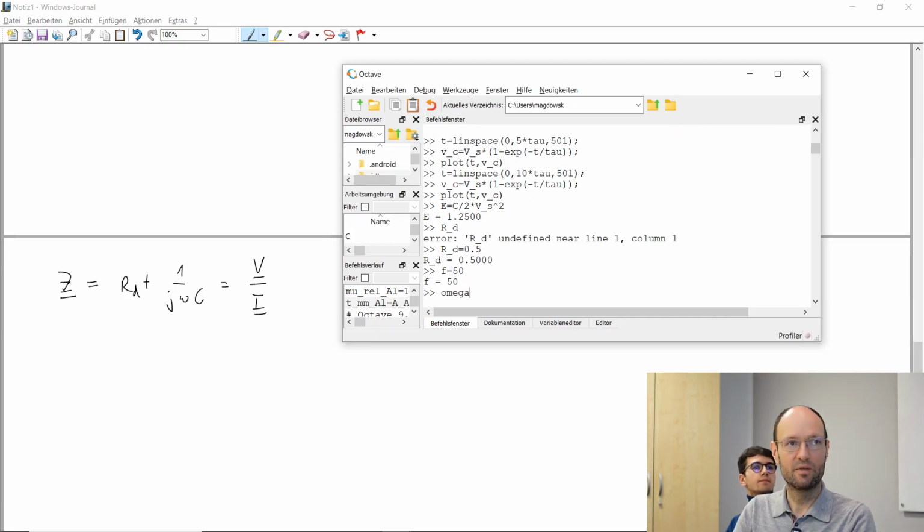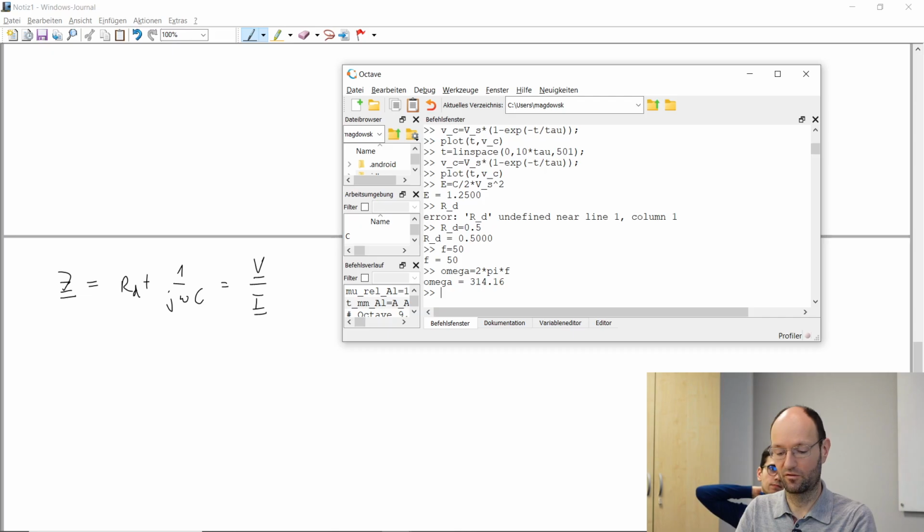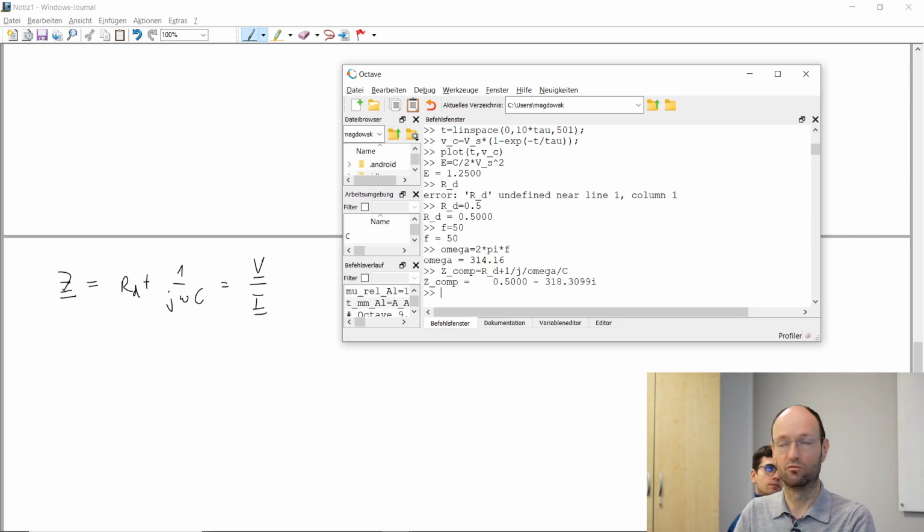So we need to have omega. Omega is 2 times pi times f, and so RD is 0.5. We have this already. So Z, the complex Z, is RD plus 1 over j omega C. And we get some value, this.